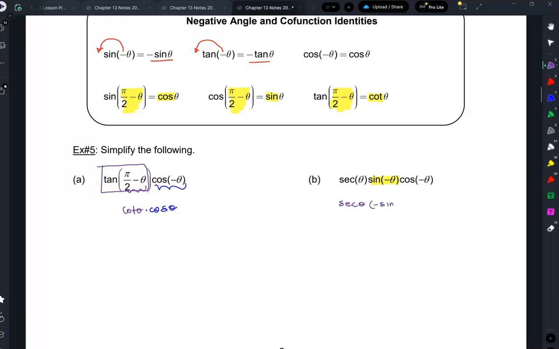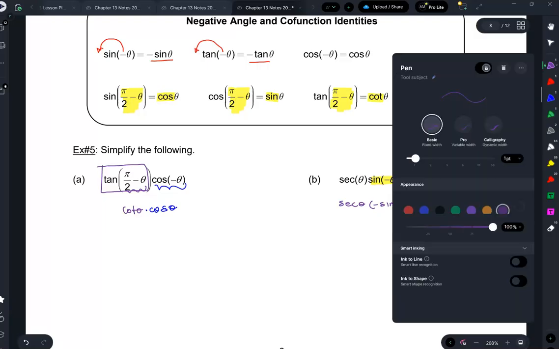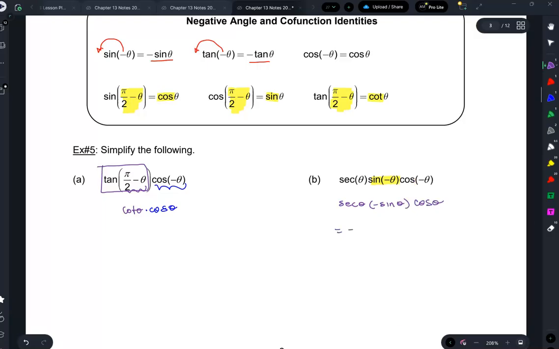Negative sine of theta. What's the other one? Cosine of theta. So all that will be negative secant theta, sine theta, cosine theta.